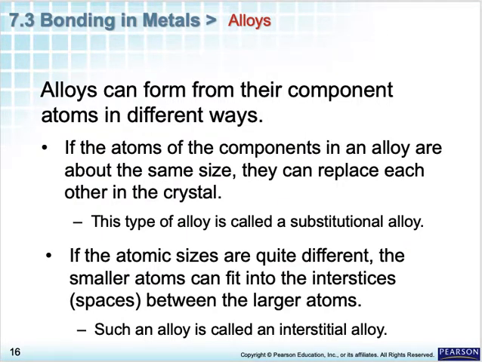Alloys can form from their component atoms in different ways. In fact, there's two types of alloys, and that's the last one I want you to have as your, so to speak, special thing. And the first one of those, and there's going to be two, are interstitial.